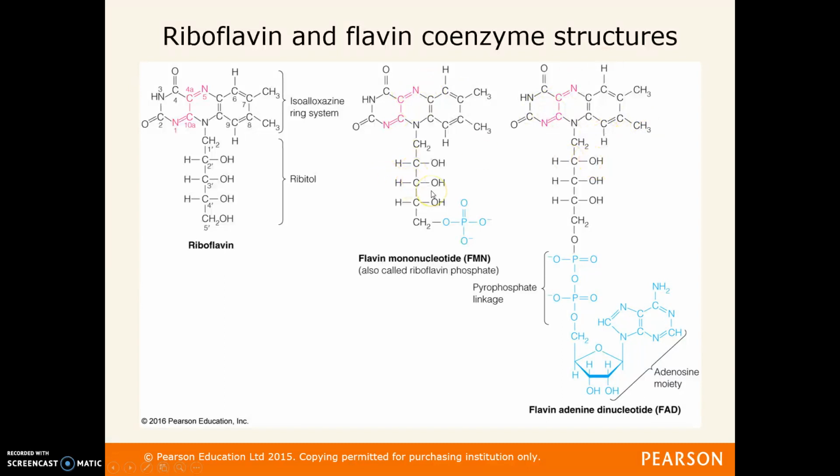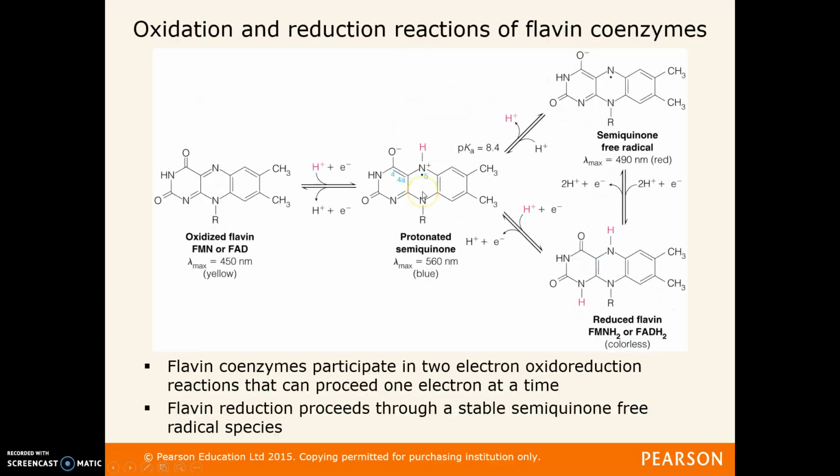The key thing that's different about this flavin ring is it still carries up to 2 electrons and a proton, but it actually has the ability to gain and lose those electrons one at a time.